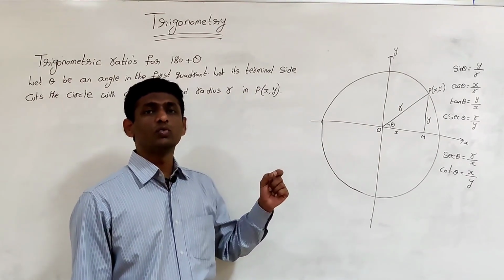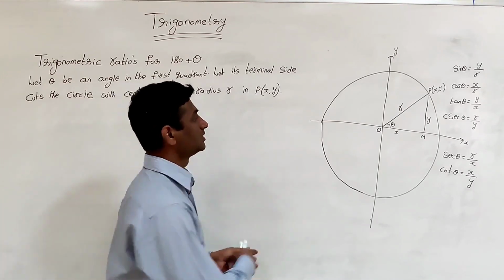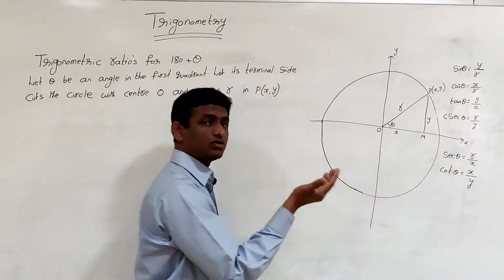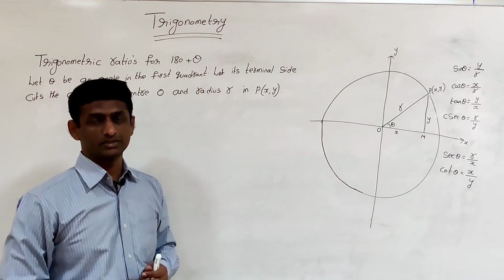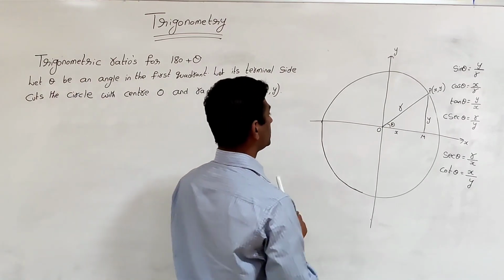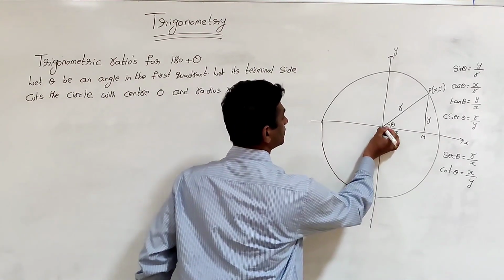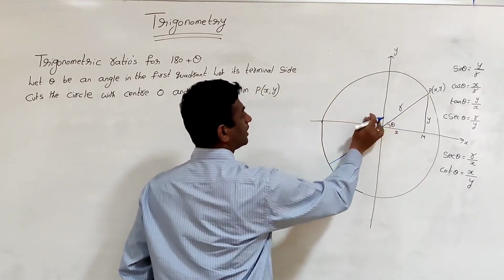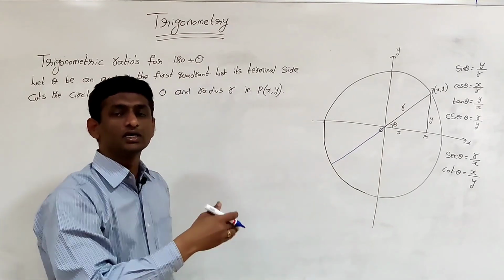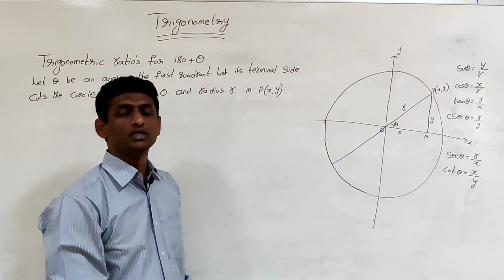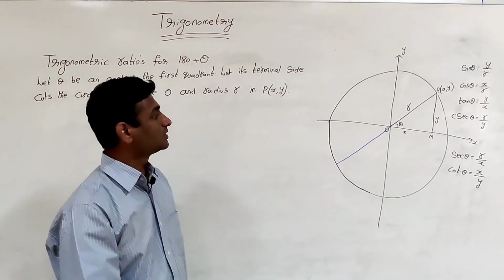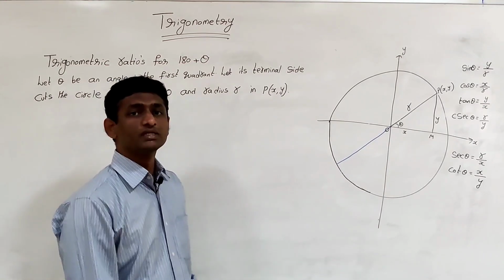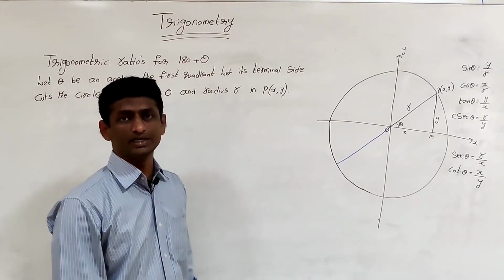Now we'll go for 180 plus theta. Means for this theta, we have to add 180 degrees. So if you assume that this is 180, as it is a straight line, the angle in a semicircle, the angle of a straight line is 180 degrees.